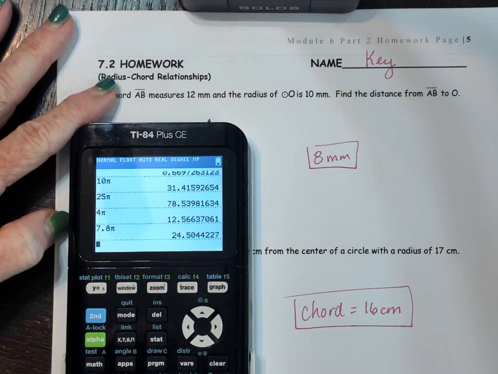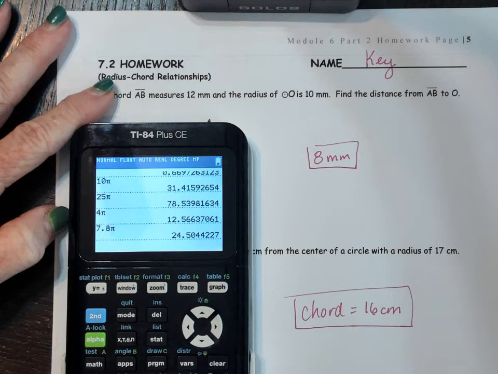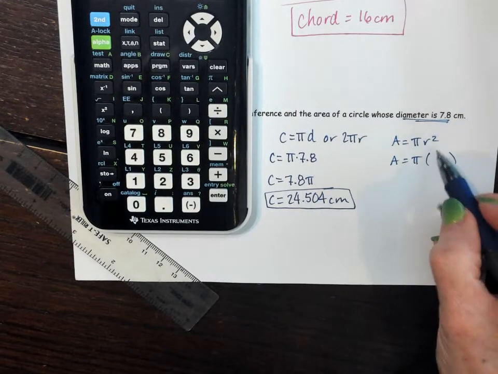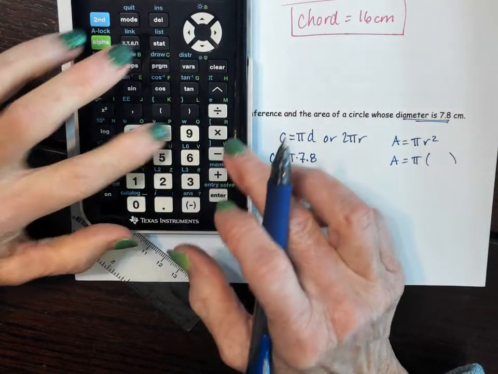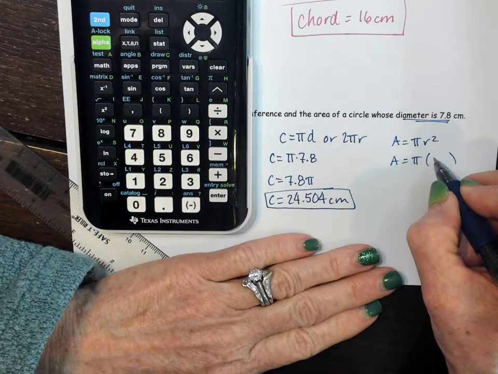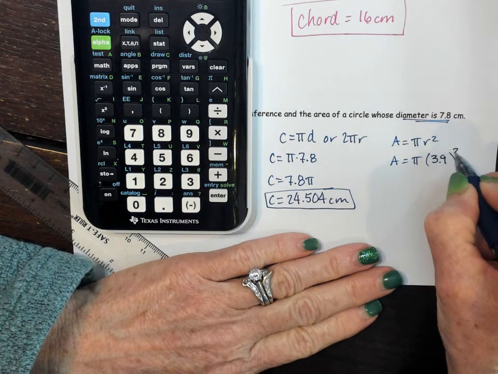Area, pi radius squared. Now I need to get the radius there. Sorry, you can't see what I'm doing. I'm so sorry. I need the radius, so that's going to be 7.8 divided by 2. Diameter divided by 2 gives us 3.9. So the radius is 3.9 squared.